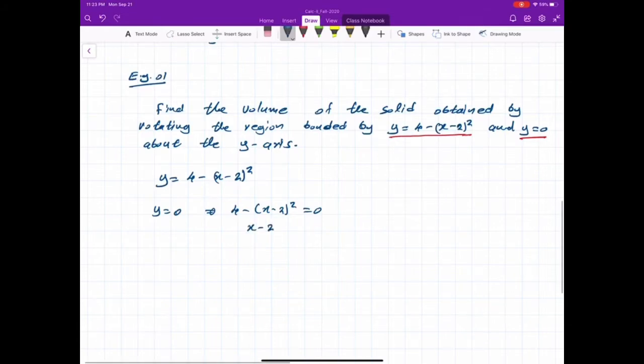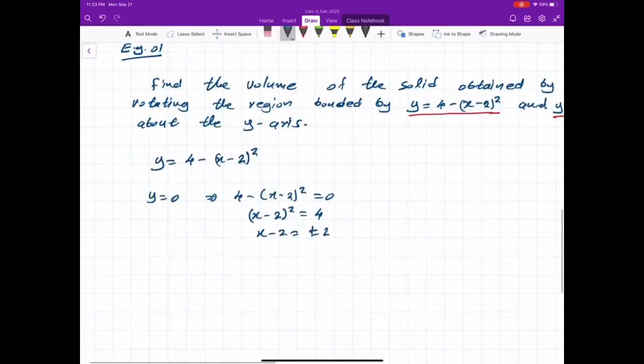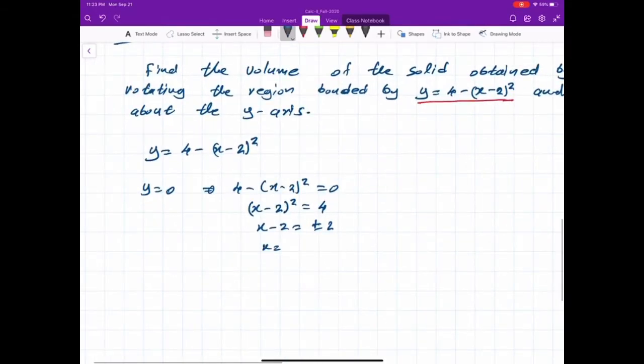That means (x minus 2) squared equals 4, so x minus 2 equals plus or minus 2. Consider the plus case and then the negative case: x minus 2 equals 2, or x minus 2 equals minus 2.